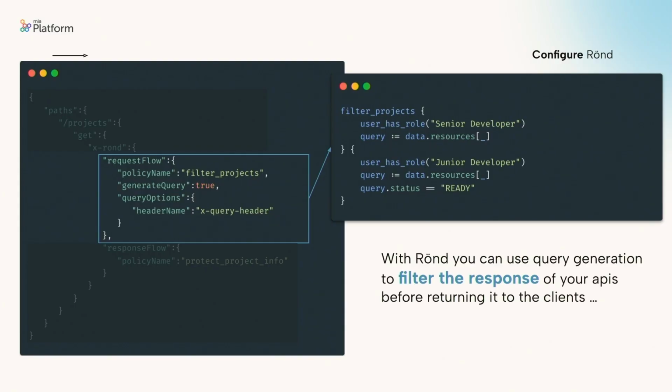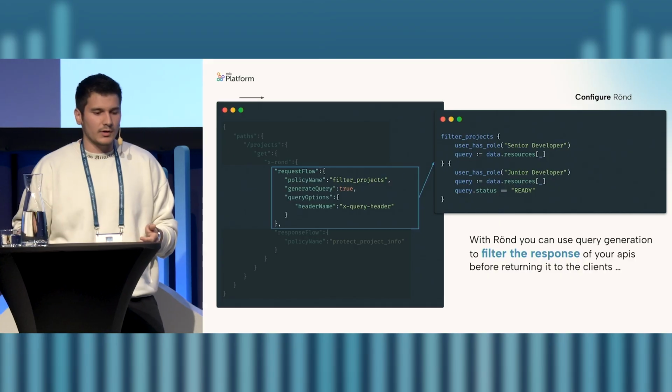Moreover, Rönd allows you two powerful features. The first one is the query generation, which allows you to filter the response before returning it to the clients, so you can return just a specific subset of the entire data set, based on conditions that you can define in your Rego policies.